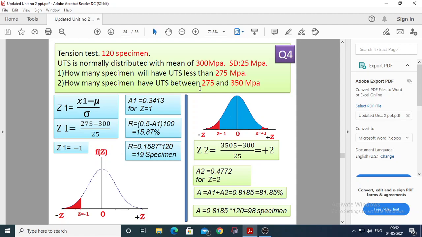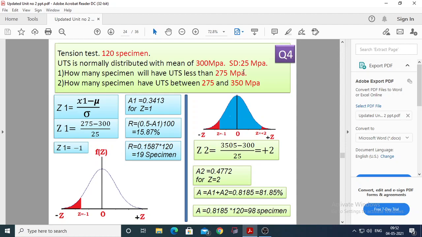First, we know the formula for the random variable. We want to calculate Z1 with the same procedure. Z1 is equal to x1 minus mu divided by sigma. Put in the values. What is x1 here? How many specimens will have UTS less than 275?